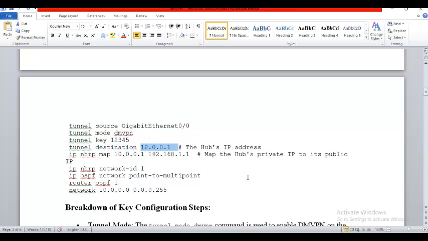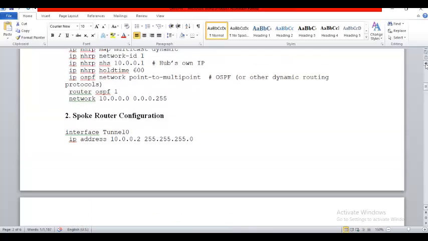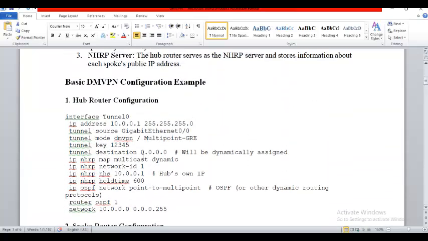And let's go back up. This ID, you can give any number, but it should again be the same on all the routers. Same like the tunnel key, but this is for the NHRP protocol. This ID is used by NHRP to know that all the spokes belong to the same group. You can put any number. This need not be a 5-digit number. It can also be 1.